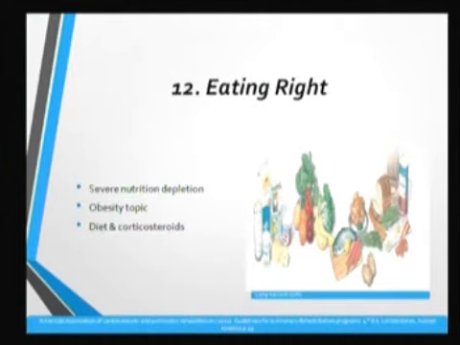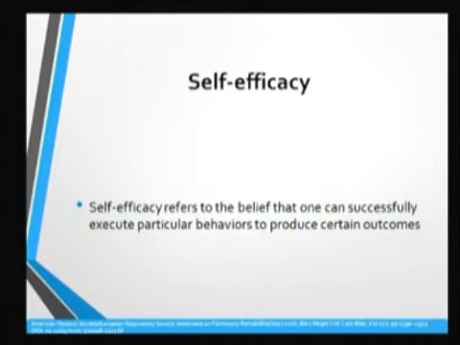Also, a dietitian will help the patient learn how to eat the right way. Patients can be depleted or overweight, so after assessment, proper education is given. Education about what type of diet to follow during corticotherapy is also discussed.